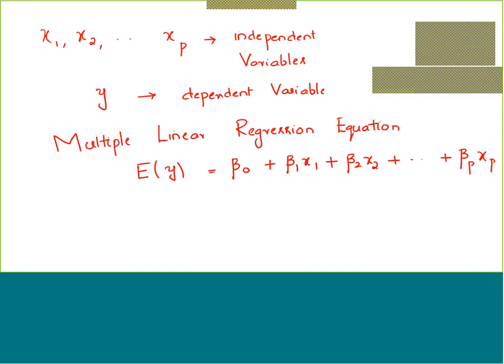Here beta naught, beta 1 and so on up to beta p are unknowns. But for a population, it is difficult to calculate them.